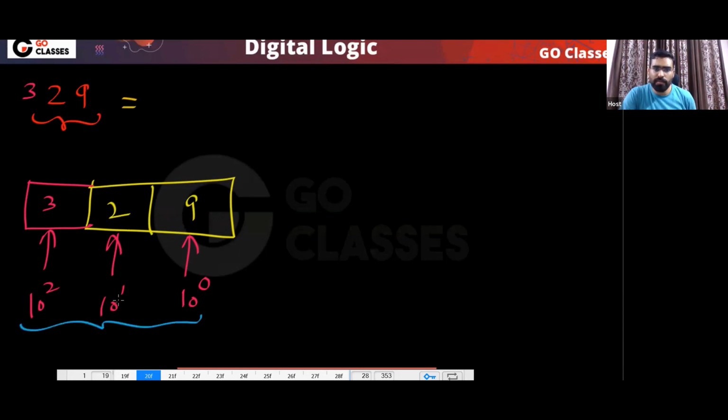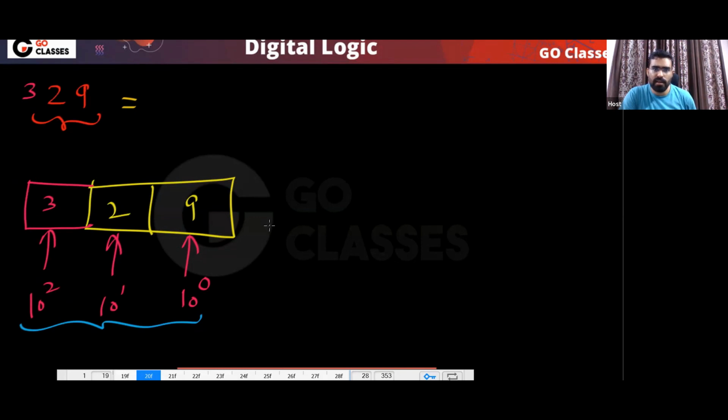This weight is coming because of when you use the second symbol. You use it after 10 symbols, yes or no? And when will you use this other symbol? You will use this symbol after 100 symbols, after 100 numbers.